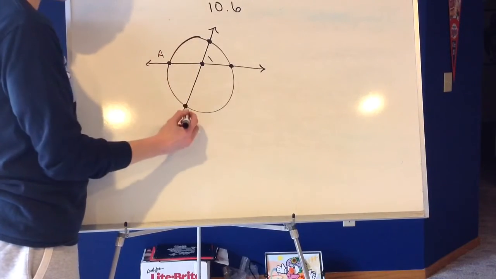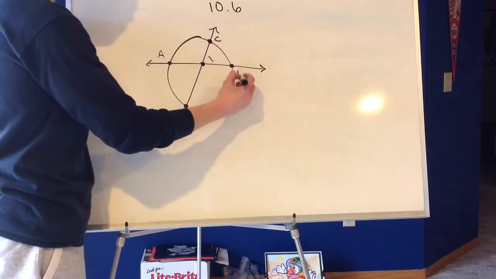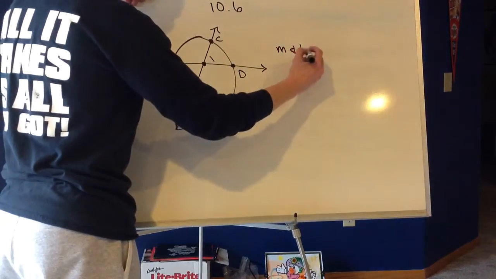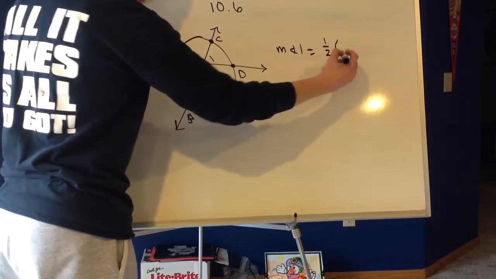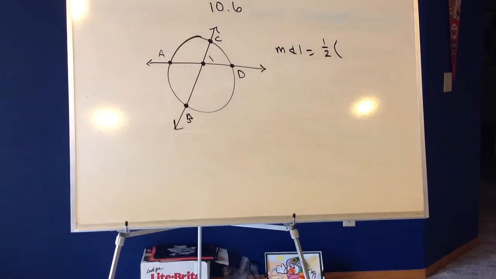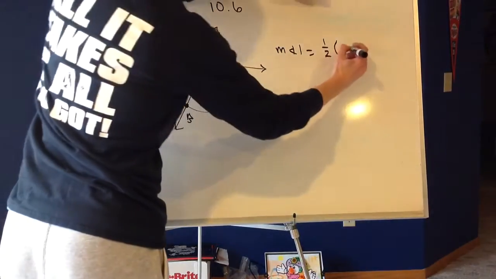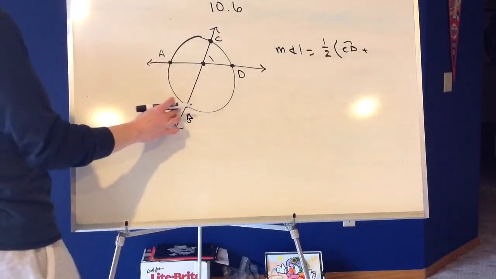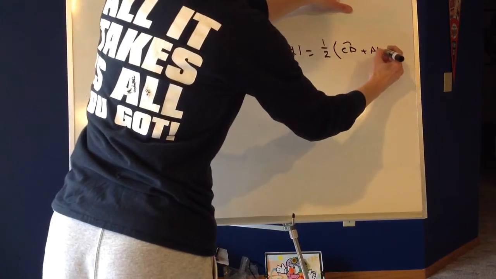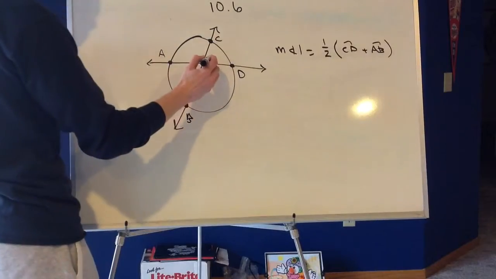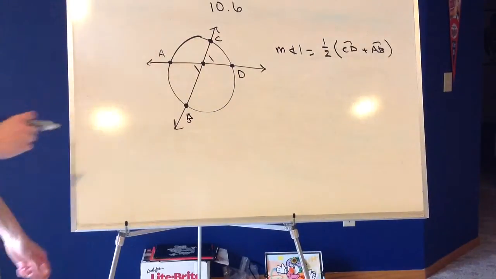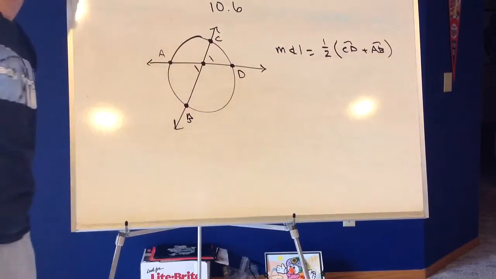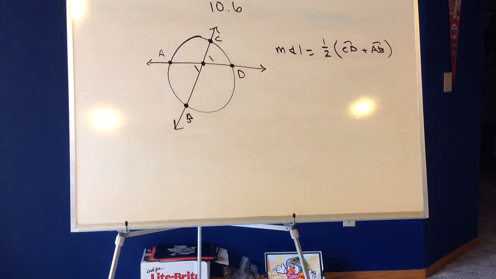So if we call this arc AB and this arc CD, the formula for the measure of angle 1 is 1/2, because that's going to help us find the average since there's two arcs, times arc CD plus arc AB, because that's its vertical angle's arc. Whatever the measure of this one is, the measure has to be the same for the vertical angle. So again, you would add the two arcs, take half of it, which is the average, and that would give you the measurement.